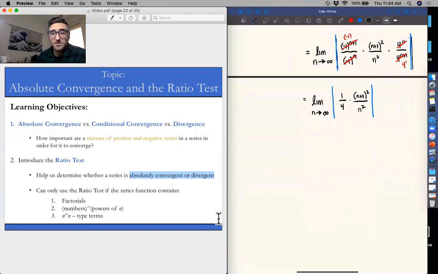So let's see what happens really. Well, as n goes to infinity, this 1/4, that's just going to stay 1/4. All of the n dependence, of course, is on this second fraction, (n+1)^2 over n^2. And what we see is, well, as n goes to infinity, that term in the numerator goes to infinity, that term in the denominator also goes to infinity.